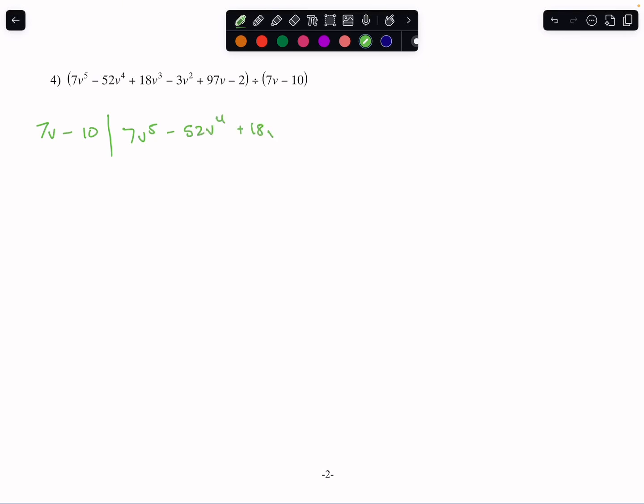All right, 7v times what is 7v to the 5th? Well, 7 times 1 is the 7 part. And v times v to the 4th is going to be 7v to the 5th.